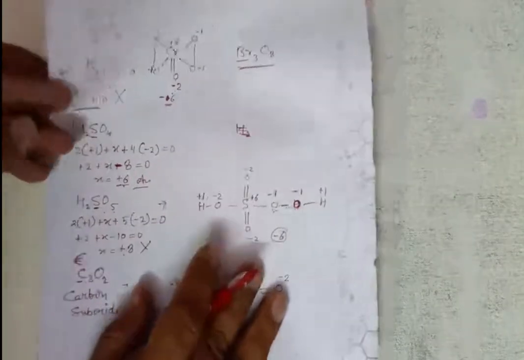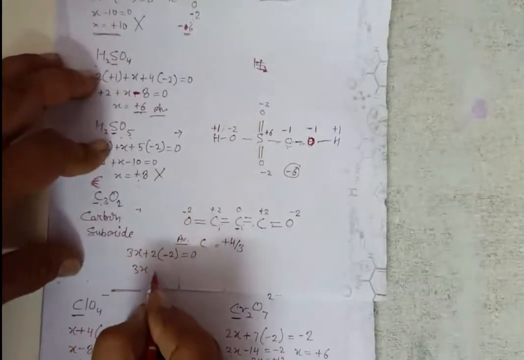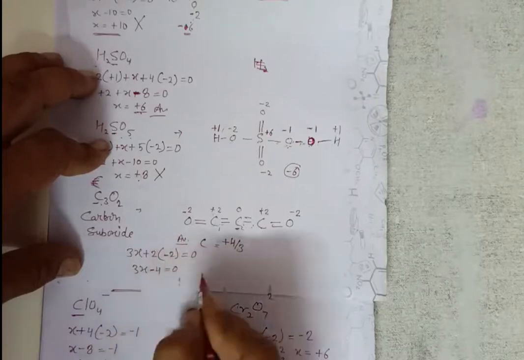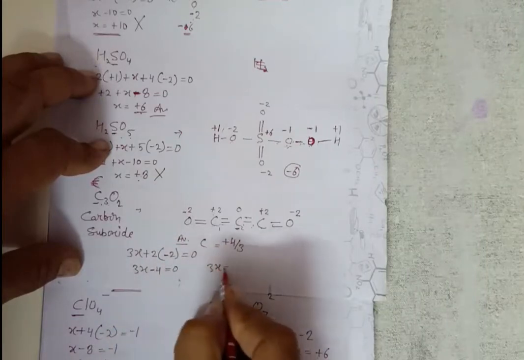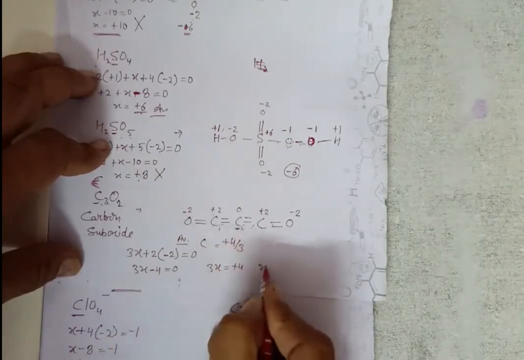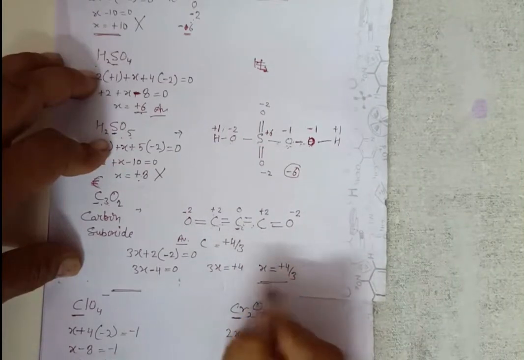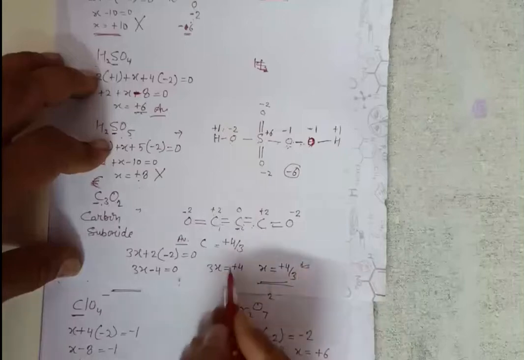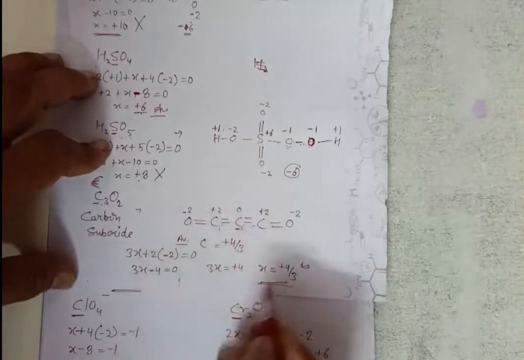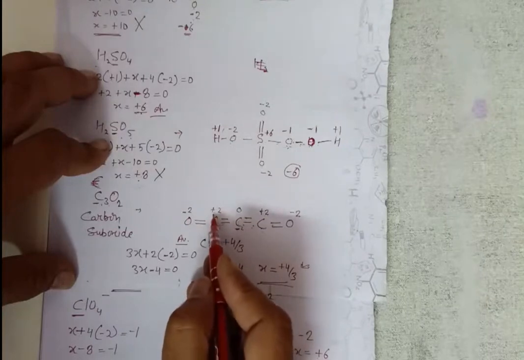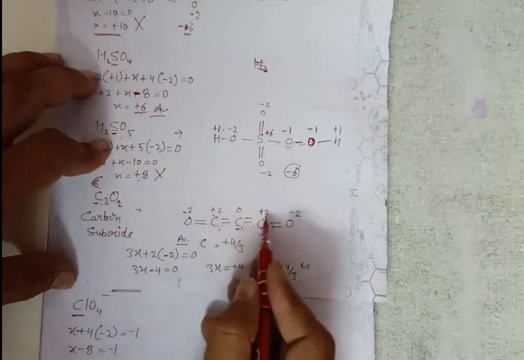Okay students, now 3x plus 2 times -2, which is -4, equals 0. 3x will be equal to +4 and x will be equal to +4 divided by 3. So in this way also I got the oxidation number of carbon. This is the average. For the different carbons we have oxidation numbers +2, 0 and +2.